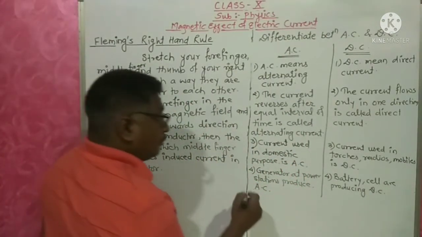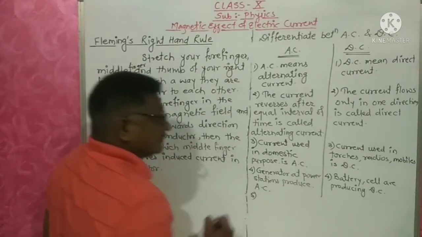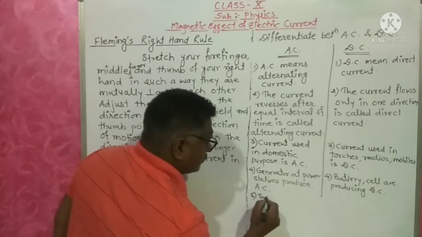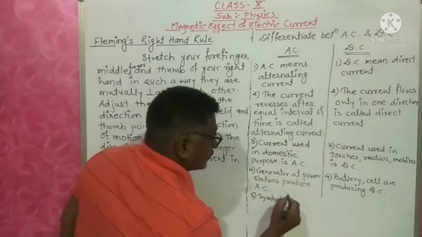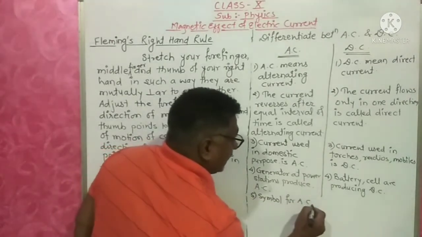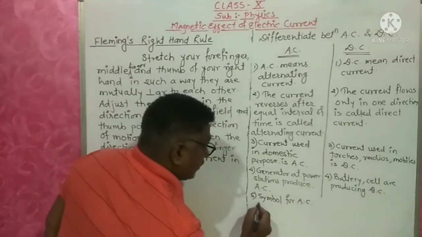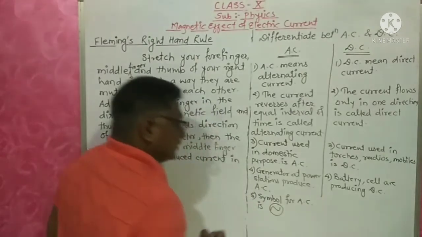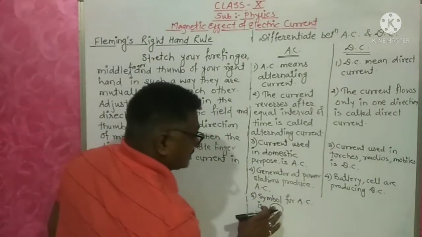What is the symbol of AC current and DC current? The symbol for AC, alternating current, is this, a similar sign.